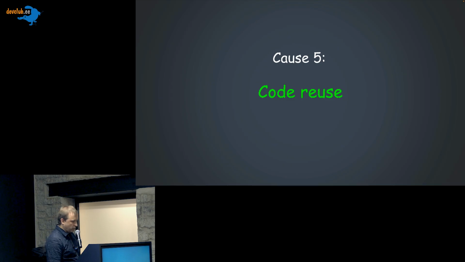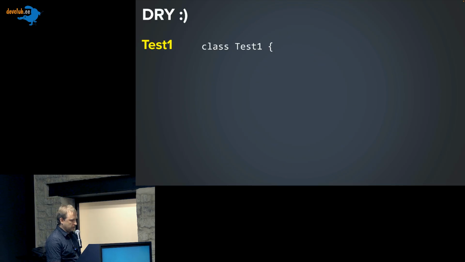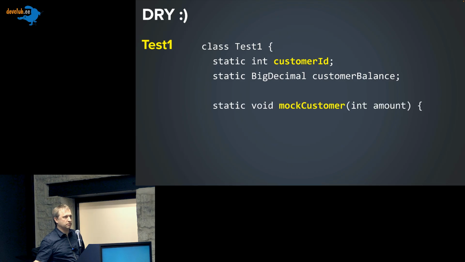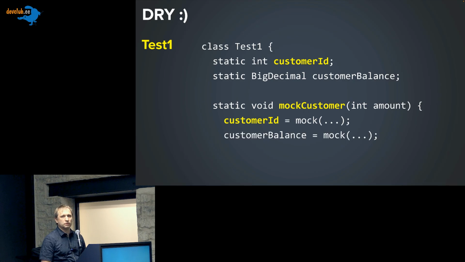Let's imagine that we have one test. It's boring. Like, we have one test that has some data fields where we put some test customer ID or something like that. And we have helper methods, which we can call from different test methods to generate some mocked customer, something like that.